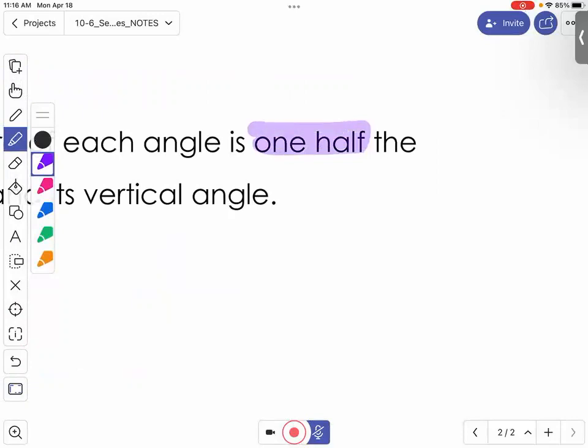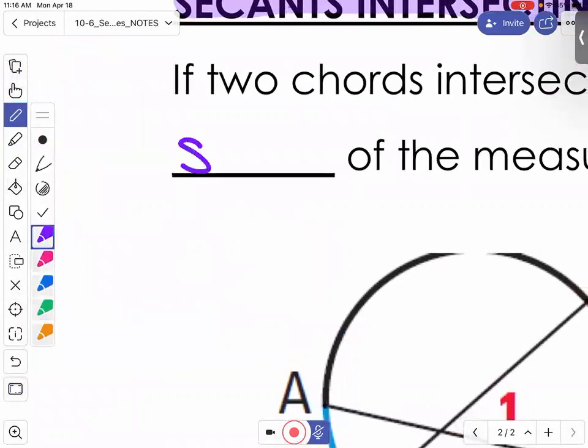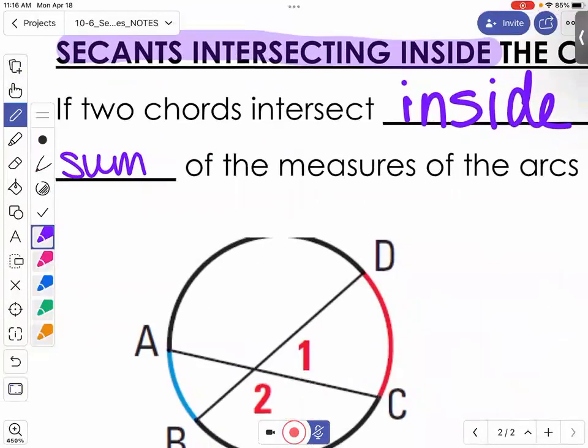There's that divide by 2 again. 1/2 the sum. This is the big difference. Because we had 2 arcs involved when we were inside, we now have to use both of those arcs because of those vertical angles. So it is now the sum of the measures of those intercepted arcs.